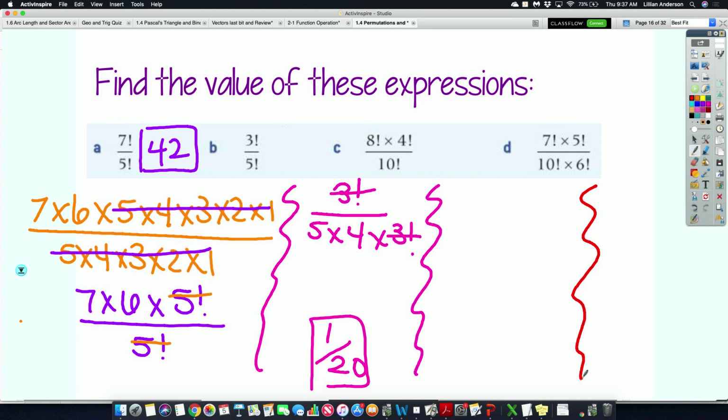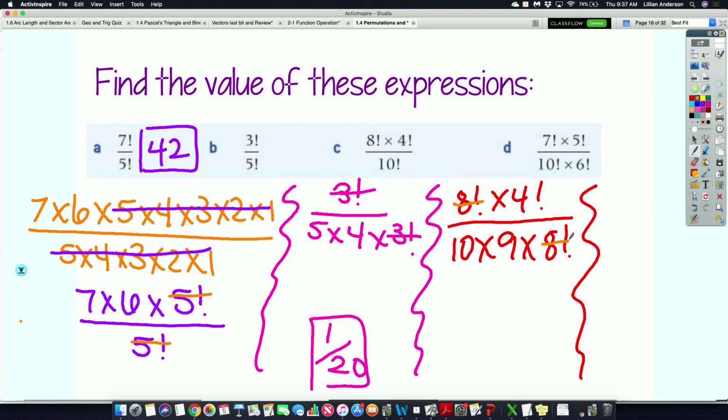What can I rewrite to cancel some things out without having to write out everything? 10 times 9 times 8 factorial, right? So 8 factorial times 4 factorial, 10 times 9 times 8 factorial. My 8 factorials cancel out. So really and truly, I'm left with 4 times 3 times 2 times 1 all over 10 times 9.